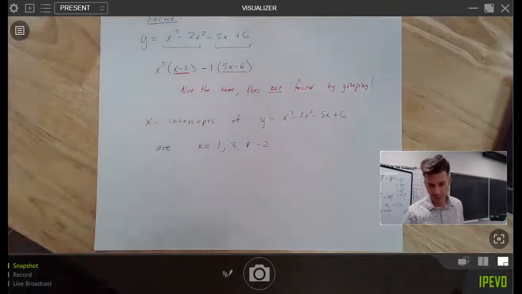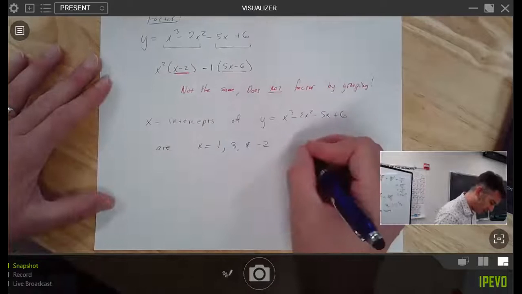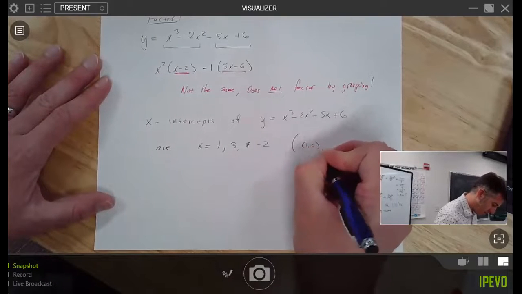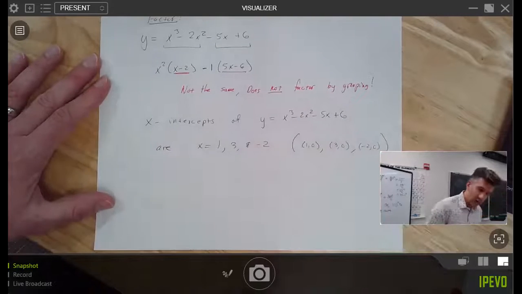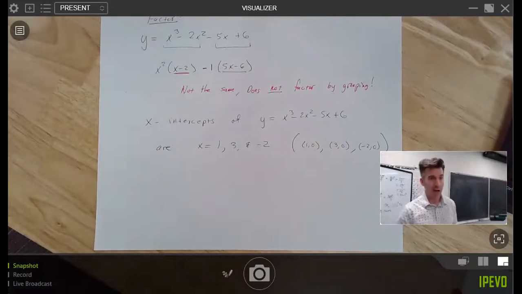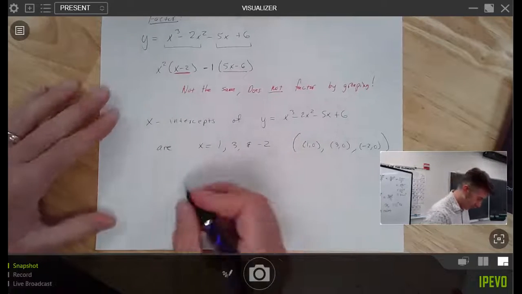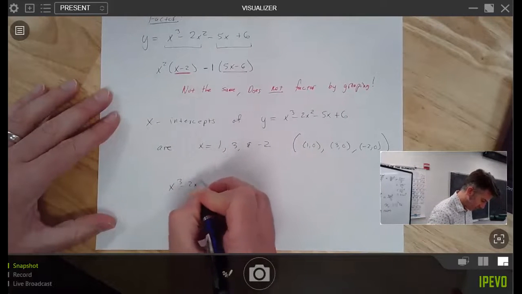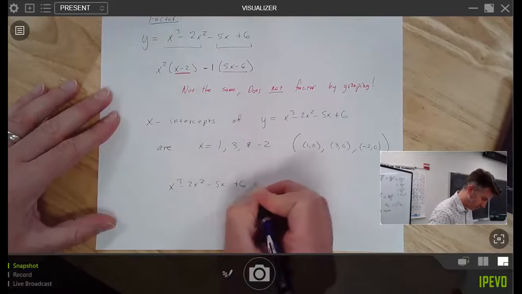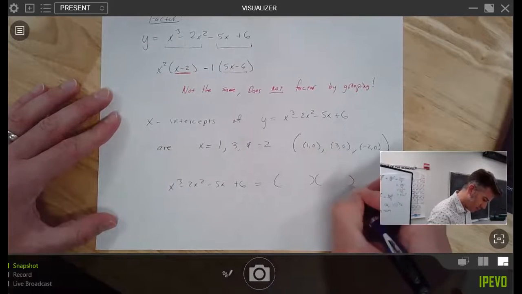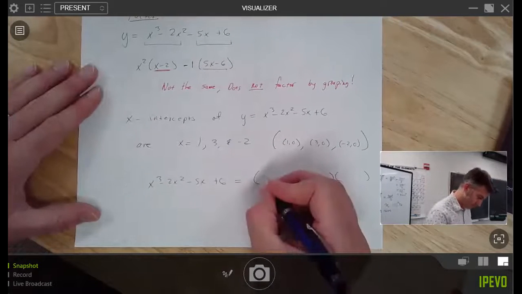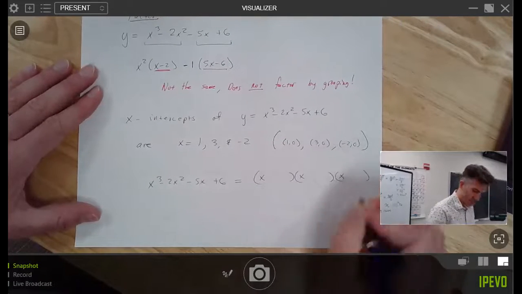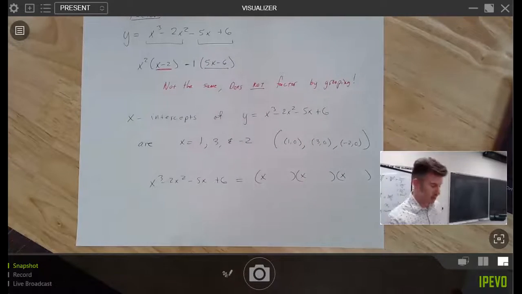Or written more concisely, the points 1, 0, 3, 0, and -2, 0. So using that information, I would like all of you to try and factor x cubed minus 2x squared minus 5x plus 6. It should factor into 3 distinct pieces. I'm going to give you just a minute to work on that because we don't have a ton of time left.